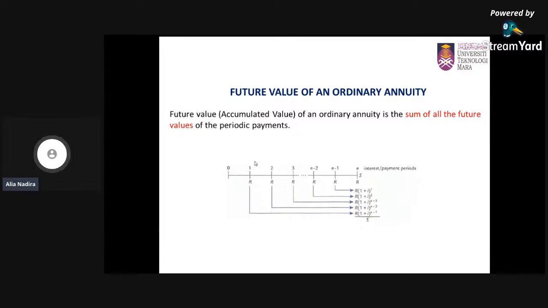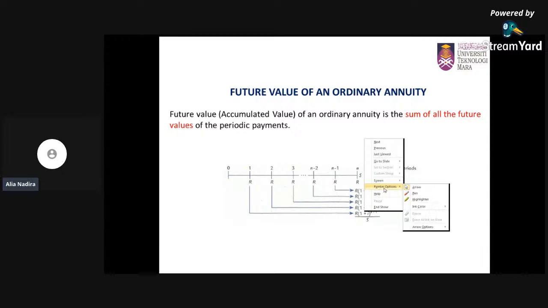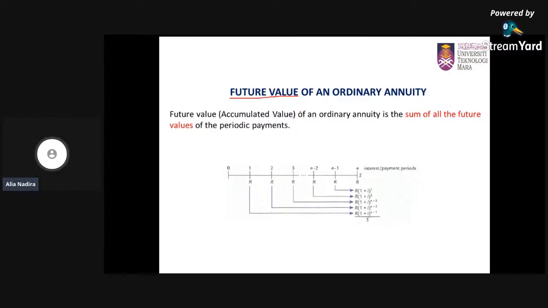For future value, kita akan tengok dia normally case of investment or you simpan duit. Katakanlah you simpan duit RM100 tiap-tiap bulan. So after 5 years, you nak tahu berapa amount yang you dapat. Okay, so that is an example of future value.